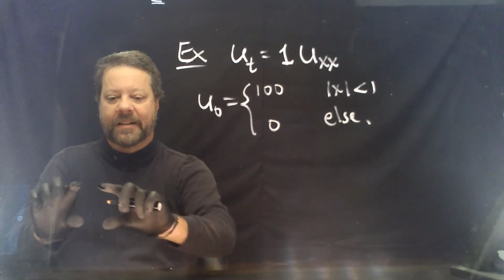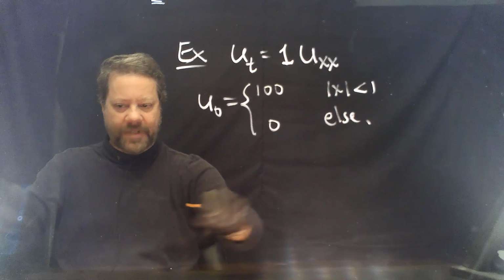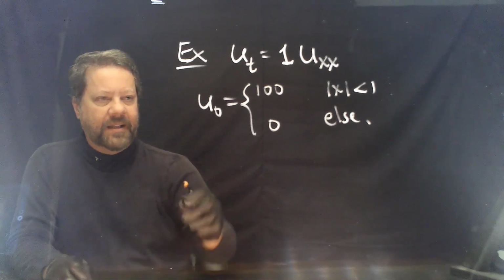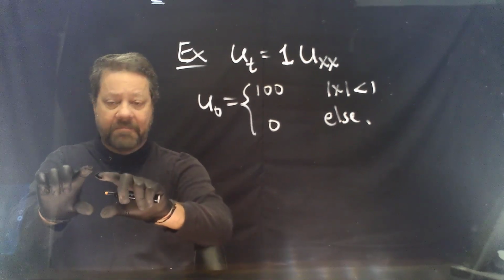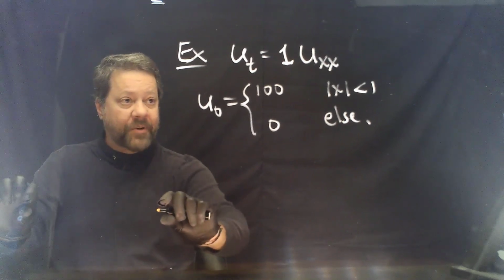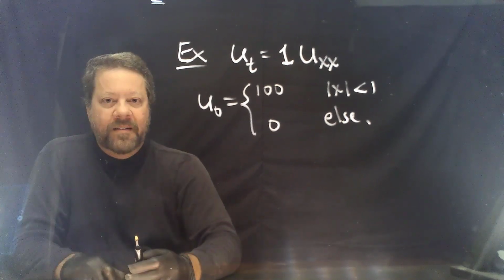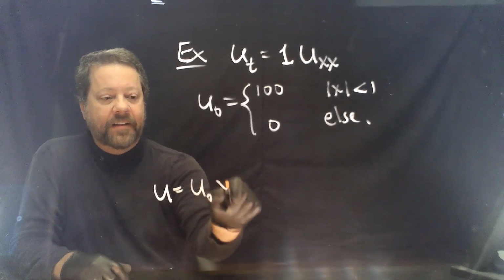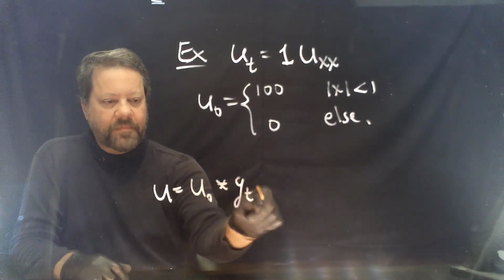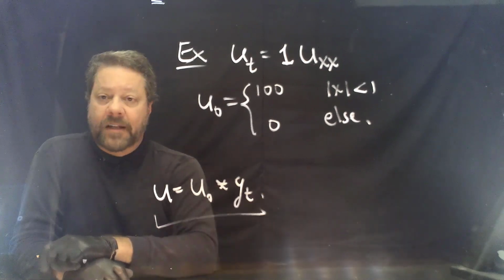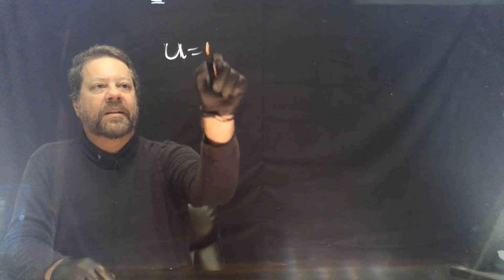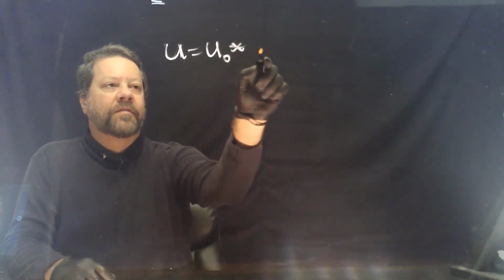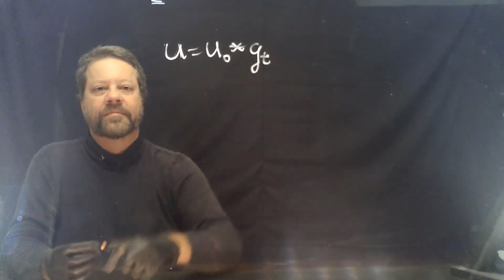Well, you kind of expect this heat to diffuse outward and the center to remain hotter than the boundary edges. But we can get the solution very simply by taking the initial data and convolving it with the Gaussian kernel. So u is u naught convolved with the Gaussian kernel.